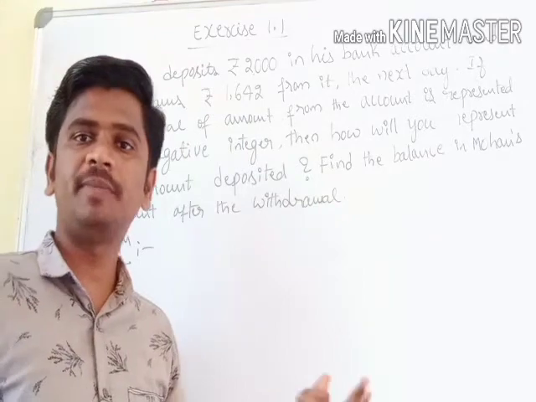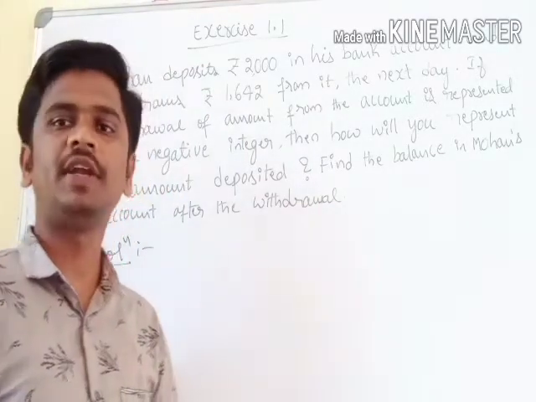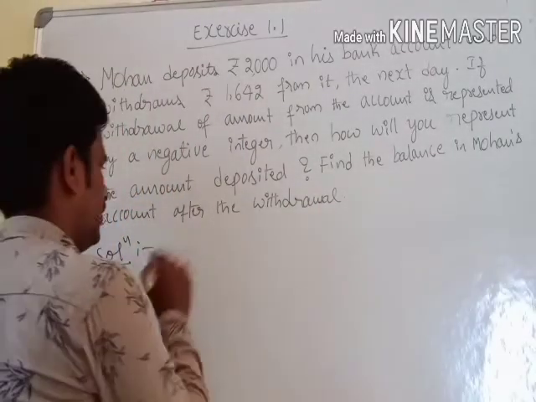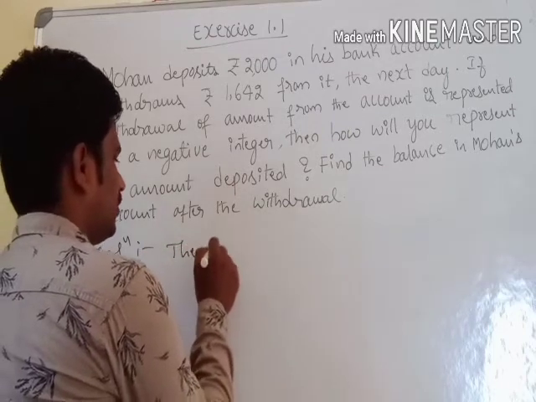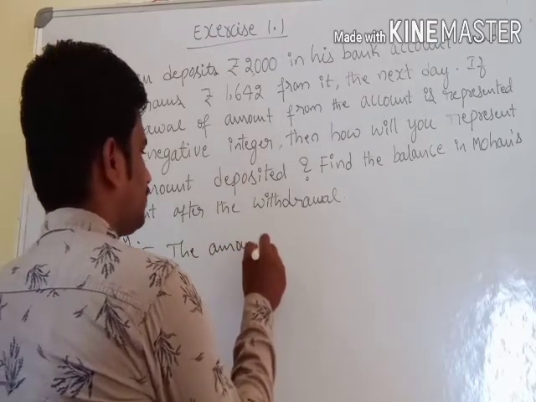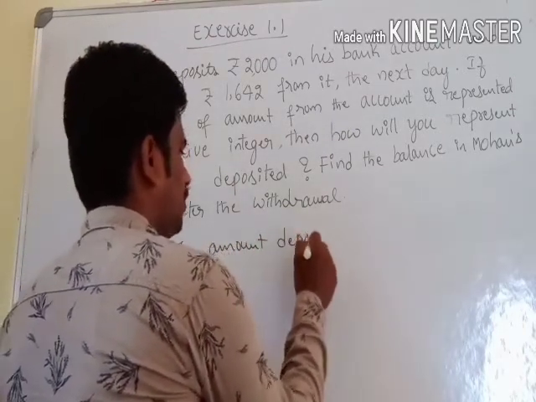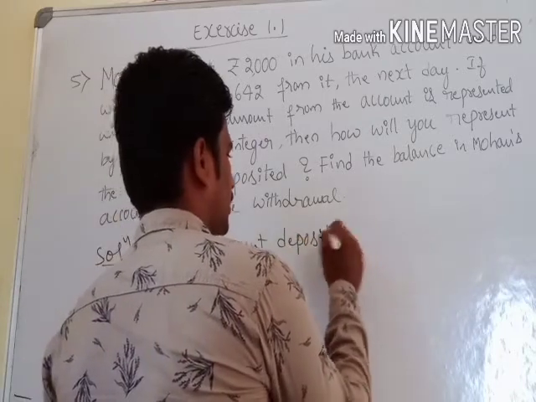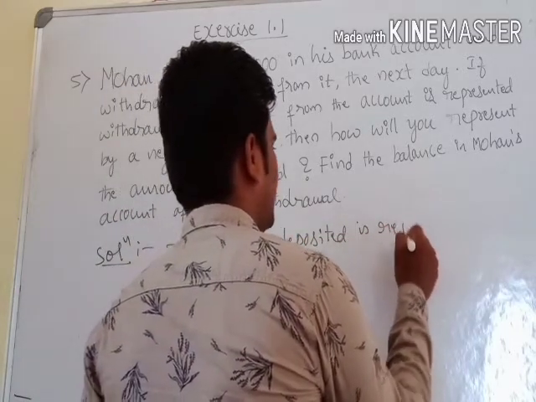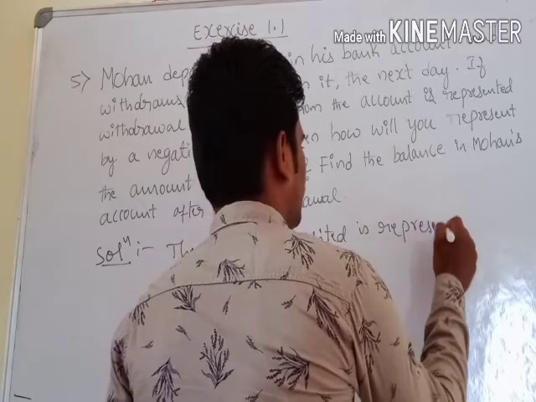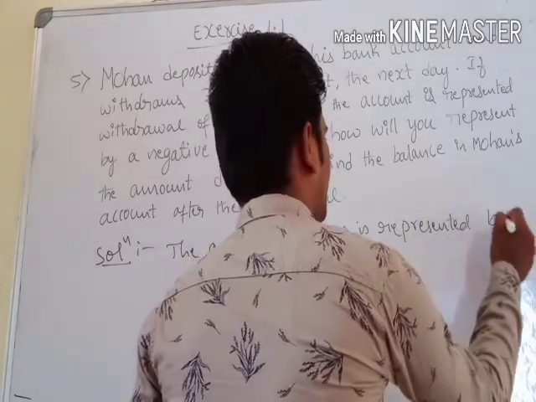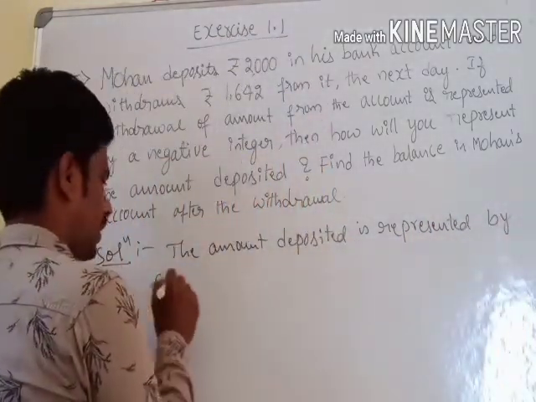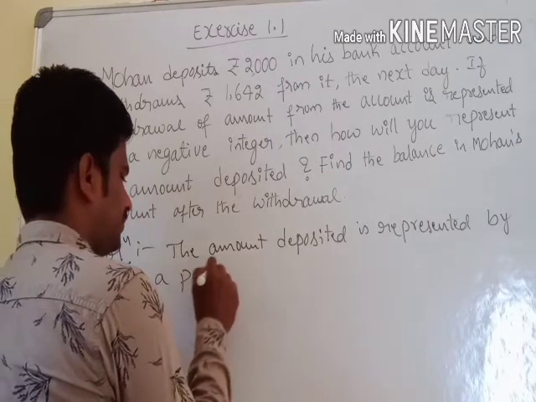It is obviously by a positive integer. That is the solution. The amount deposited is represented by a positive integer.